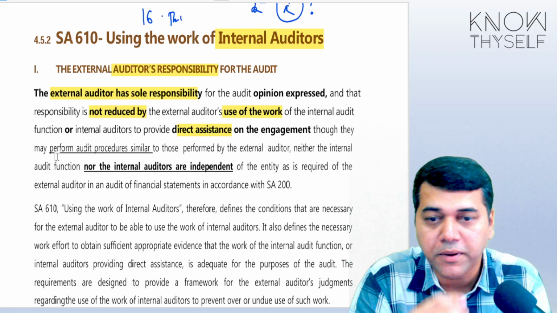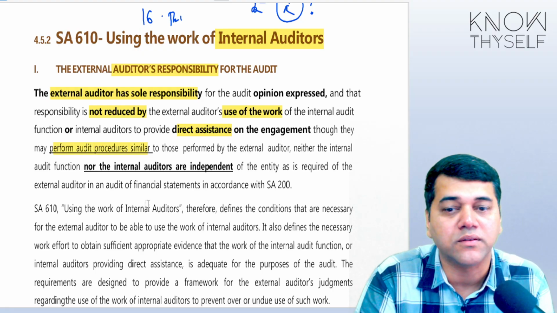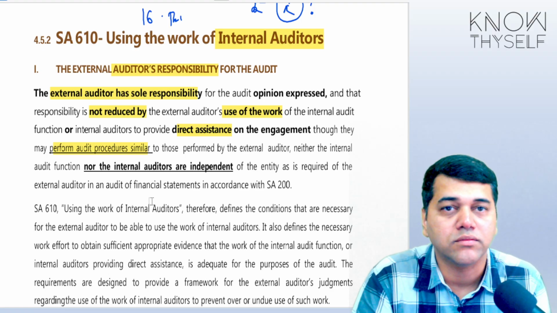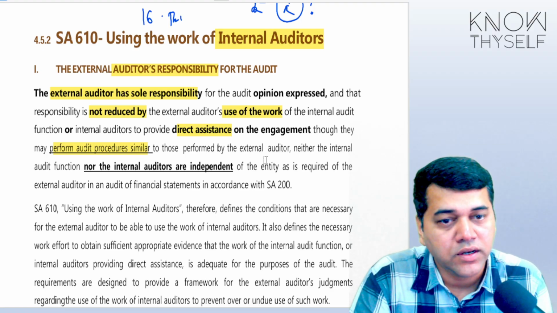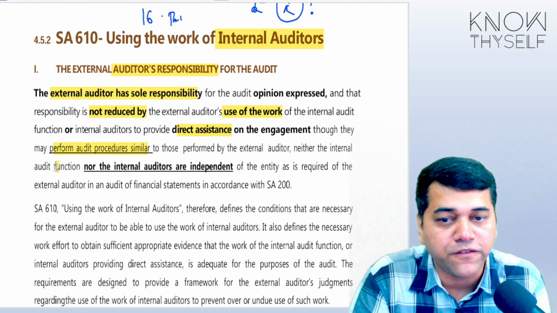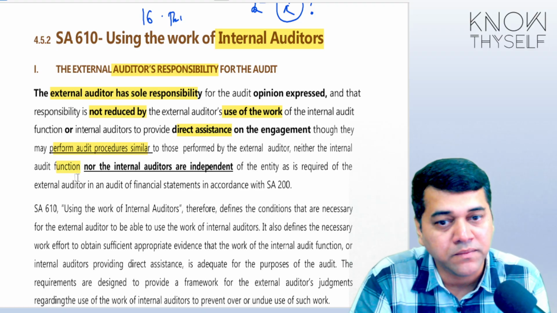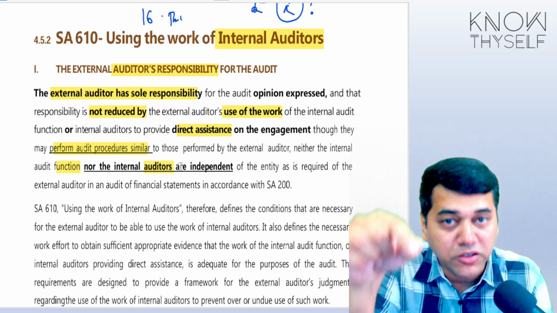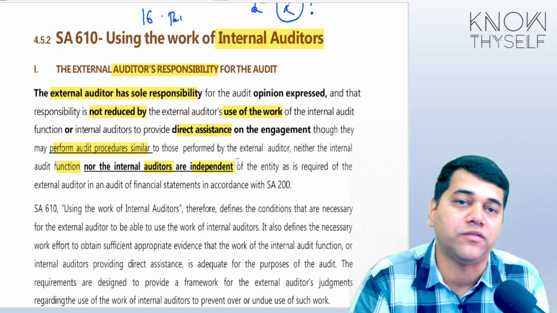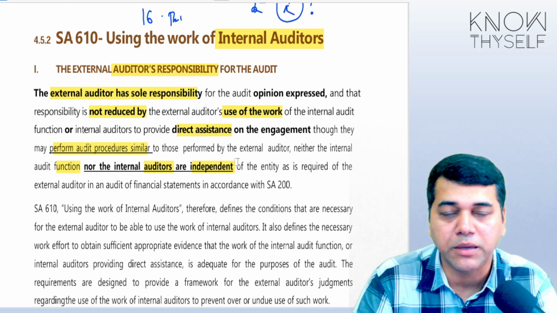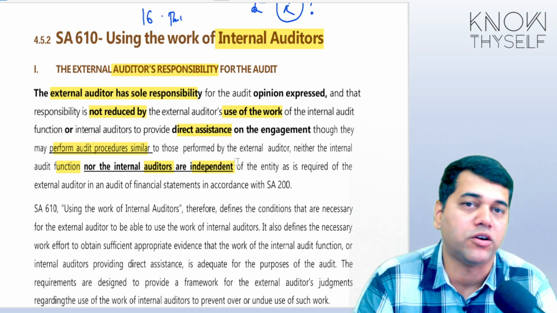Now, they may perform audit procedures very similar to what you are doing. However, neither the internal audit function, meaning department, nor internal auditors, meaning human beings, are independent of the entity. Always keep in mind, you are an independent external auditor.